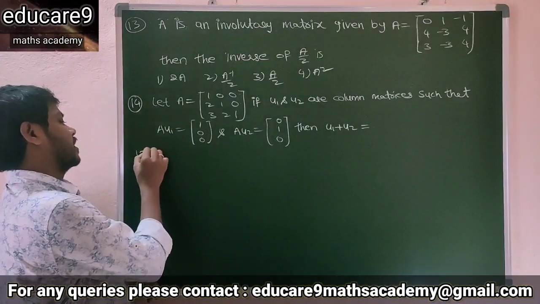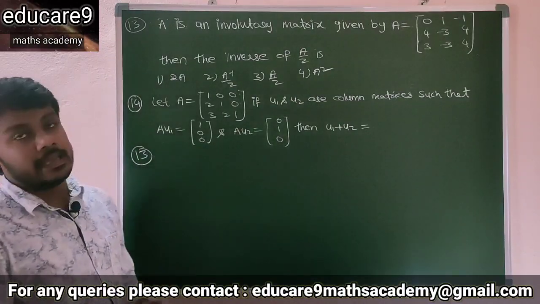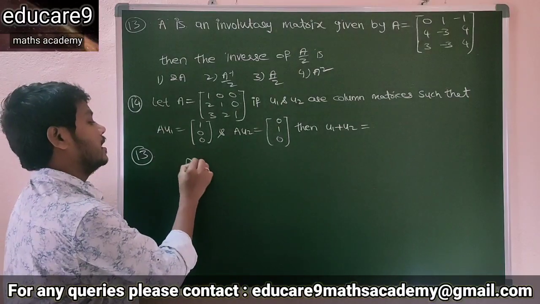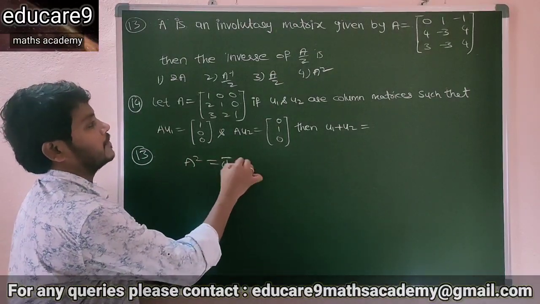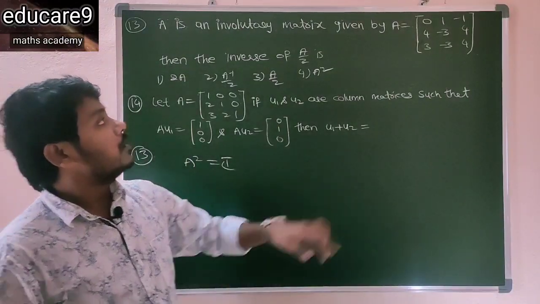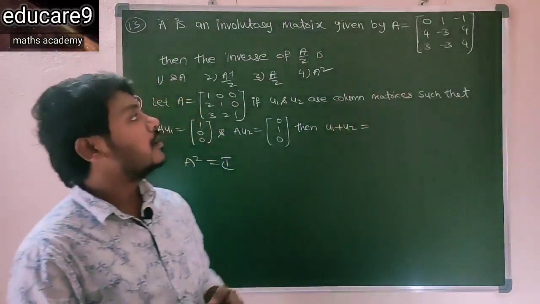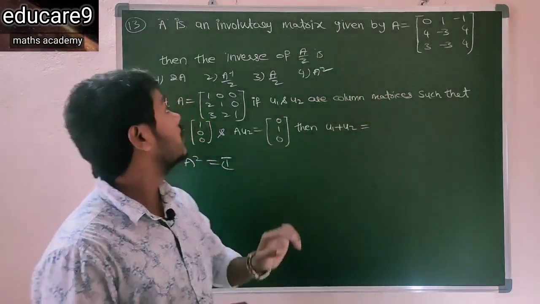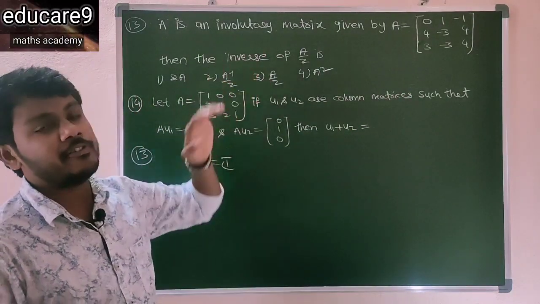So next, question number 13. A is an involutory matrix. That means A square is equal to I. So given A is [0, 1, -1; 4, -3, 4; 3, -3, 4]. Then the inverse of A by 2 is what?